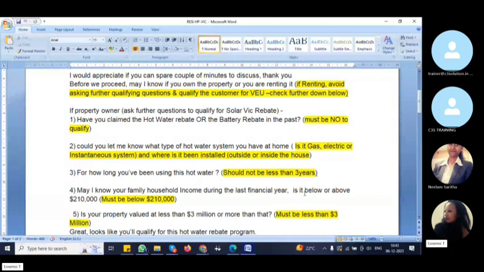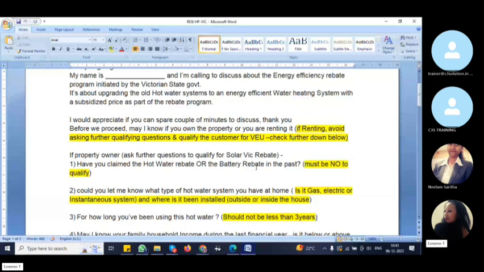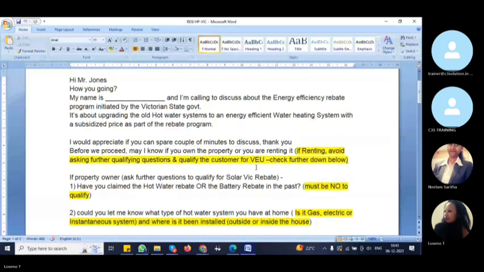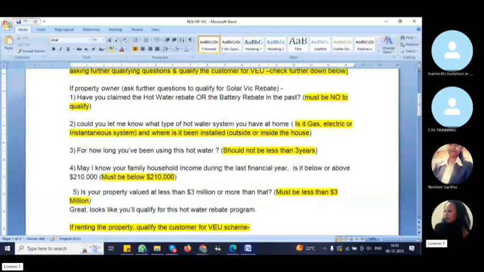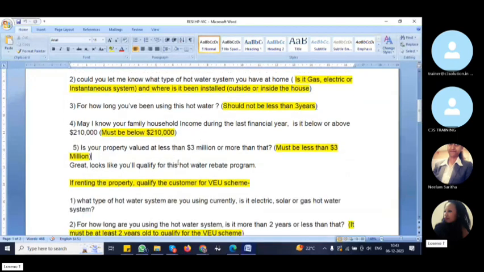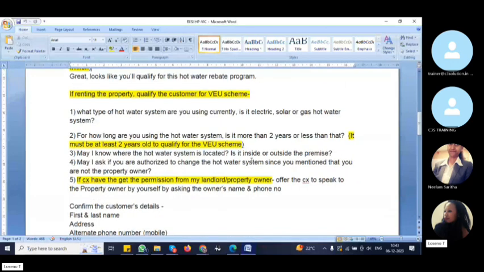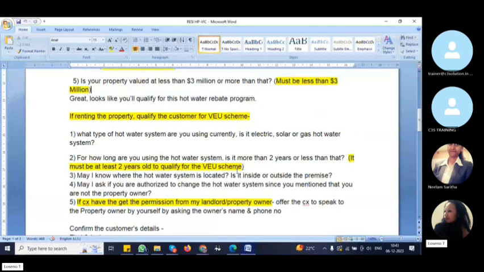You might not have created a huge impact on the customer. So these are call handlings, the way you will be handling your calls. You need to work on that as well. And all these things will come into place only if you are confident with the script, with the questions that you need to ask.